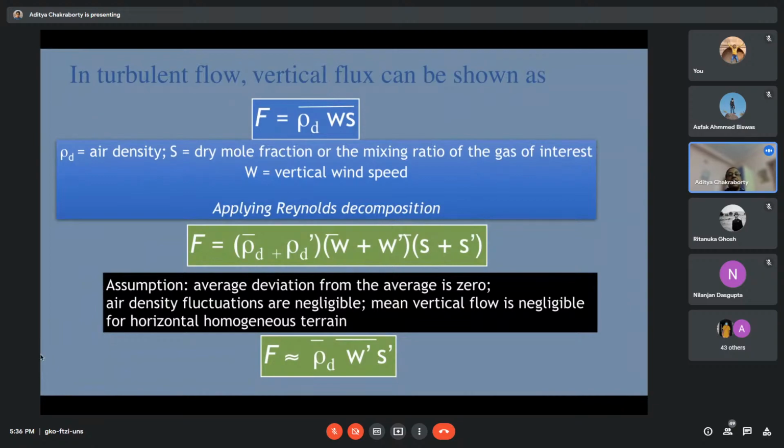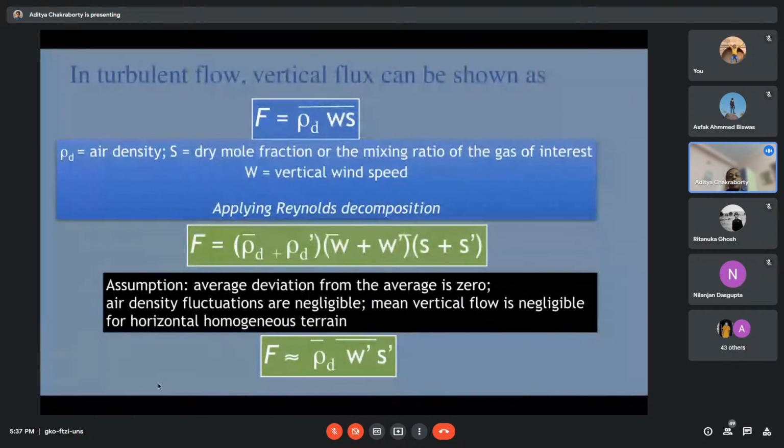So in this case, the long-term average is given by the average term, and the fluctuation term is given by the prime term. According to Reynolds decomposition, any component can be divided into these two terms: one is the average term and one is the fluctuation term.